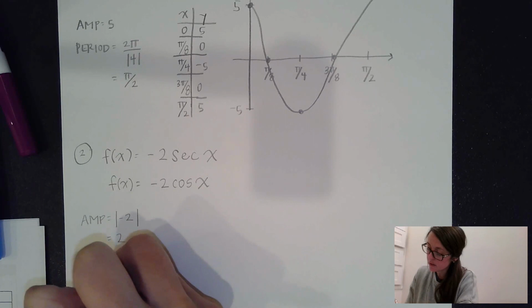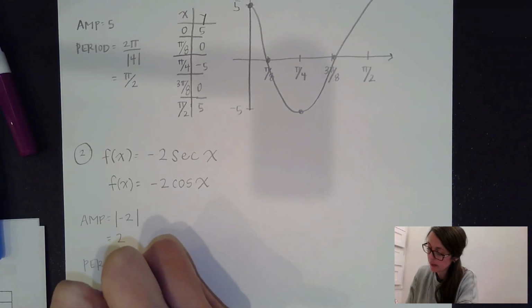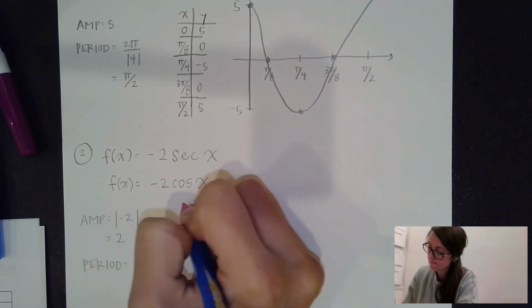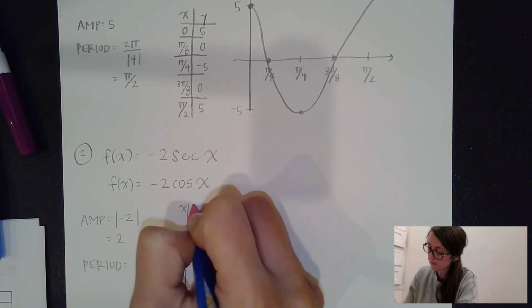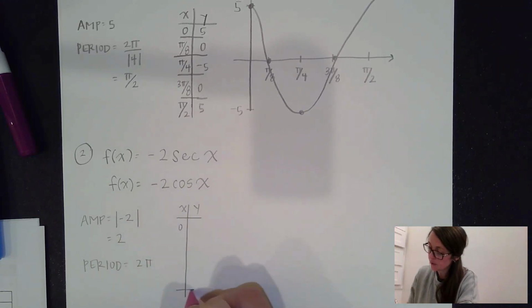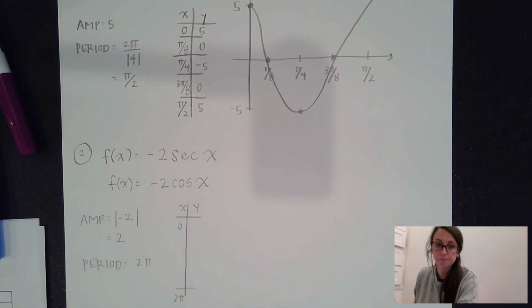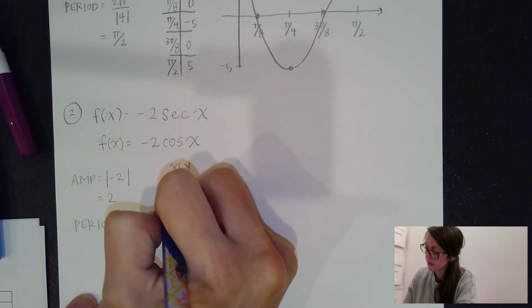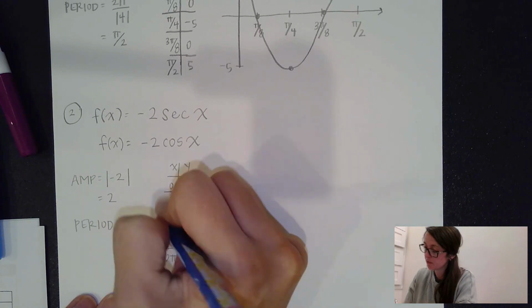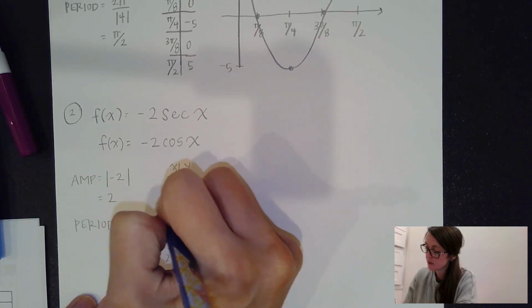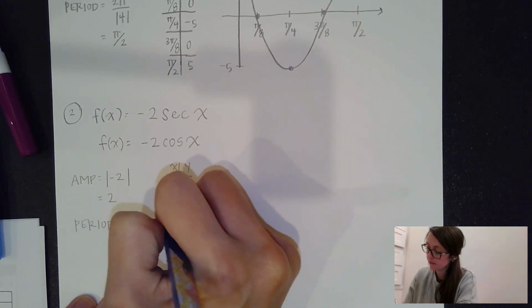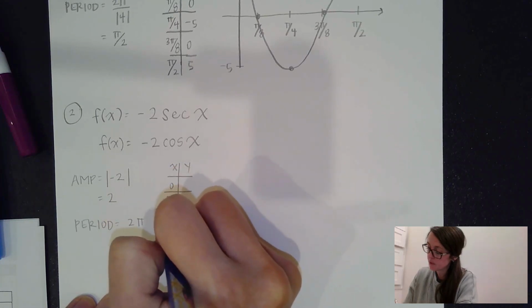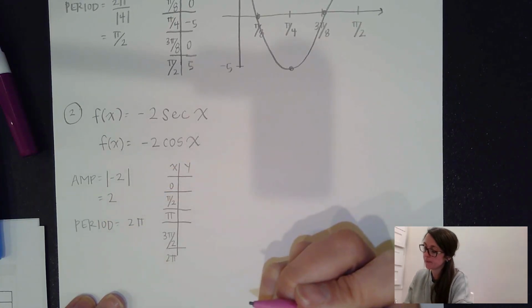The period is just going to be 2 pi. So we'll go 0 all the way up to 2 pi. So it'll be 0 and divided by 4 here, so that's pi over 2, pi, 3 pi over 2, and then 2 pi.